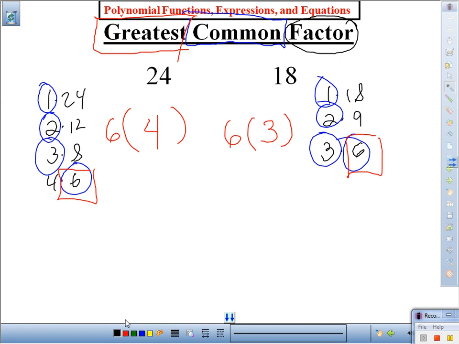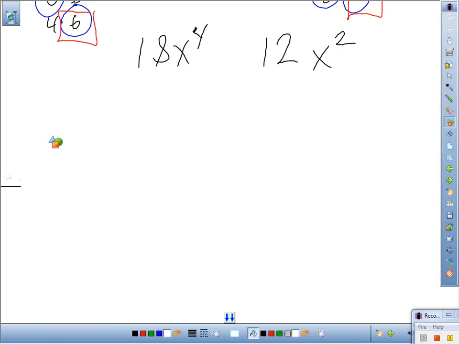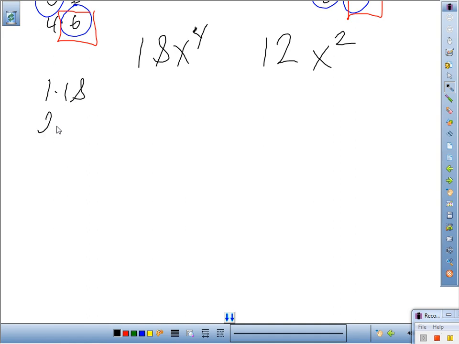All right. So far so good? But what if I gave you this? First, I need the factors of 18. 1 times 18, 2 times 9, 3 times 6.